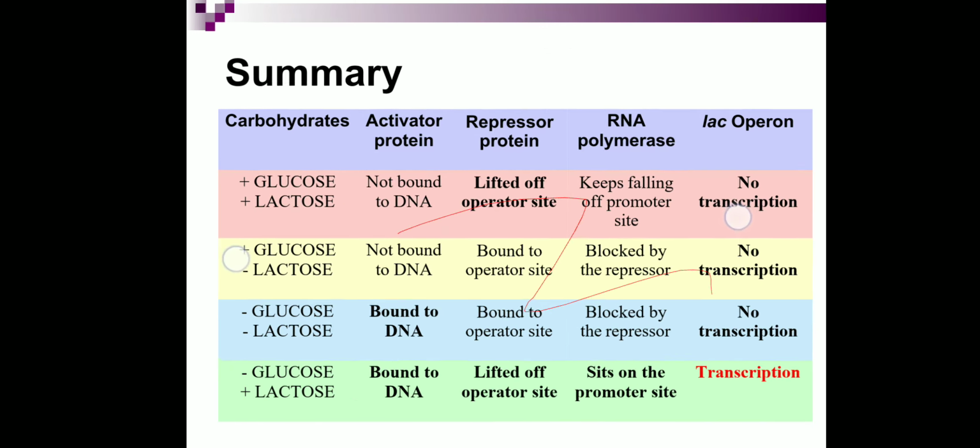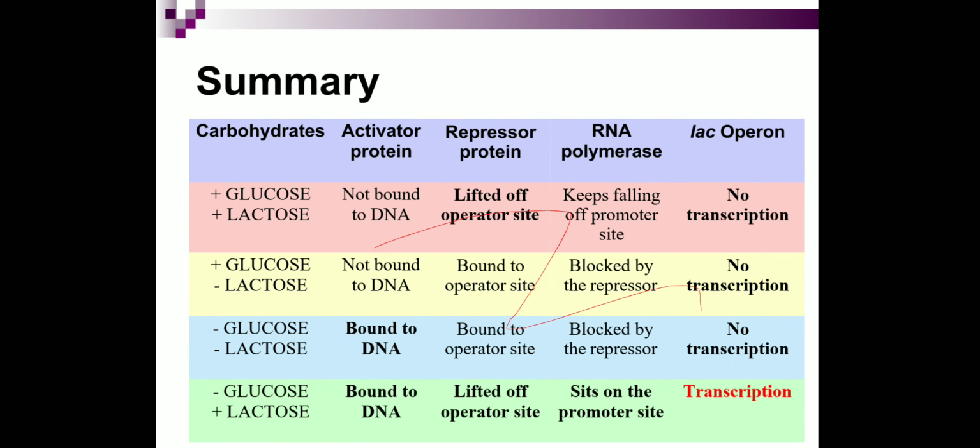This is the brief summary. You can see the carbohydrate, activator protein, repressor, and RNA polymerase on the operon. When glucose is present and lactose is absent, the activator protein is not bound to DNA, and the repressor is bound to the operator site, so RNA polymerase keeps falling off the promoter site. No transcription will occur.